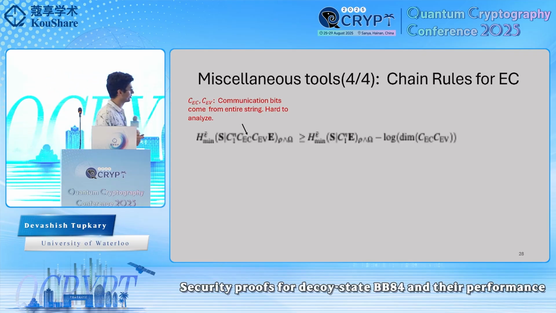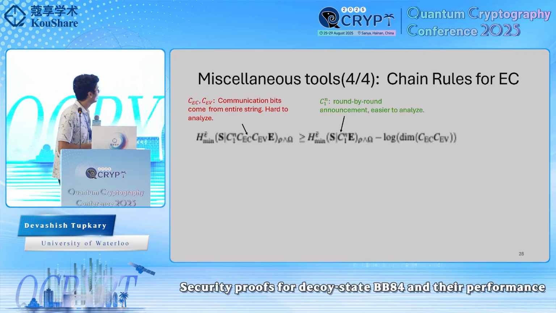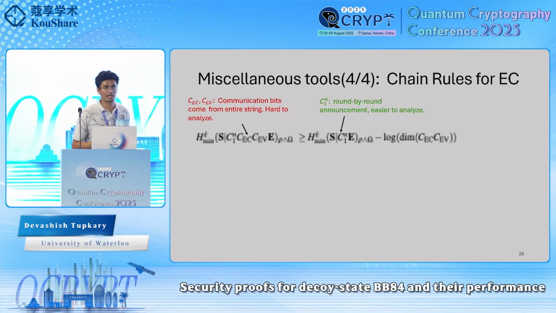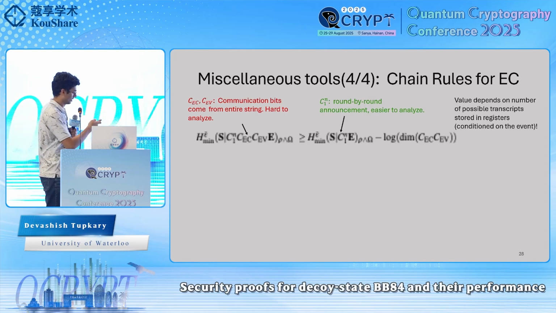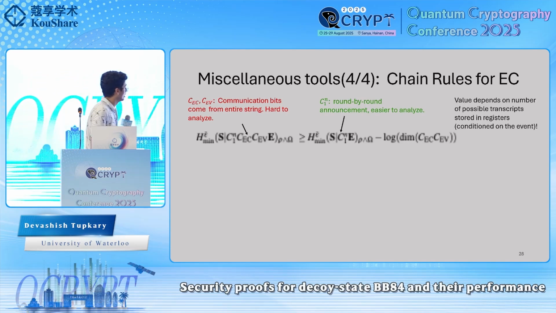So we might want to use chain rules that look like this, and instead only have to worry about these nice round by round announcements that happen. And this chain rule exists, it's all well and good. And the correction term that we need to compute is the number of possible transcripts that can exist in the error correction and error verification registers.